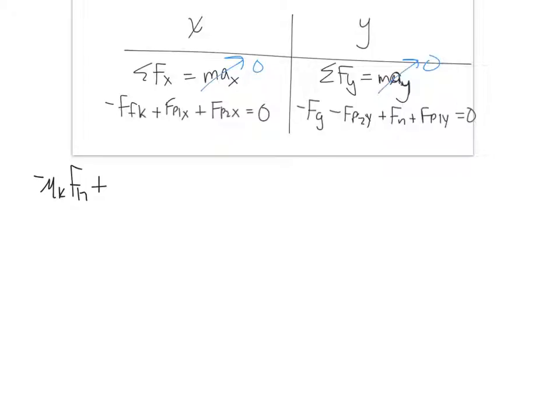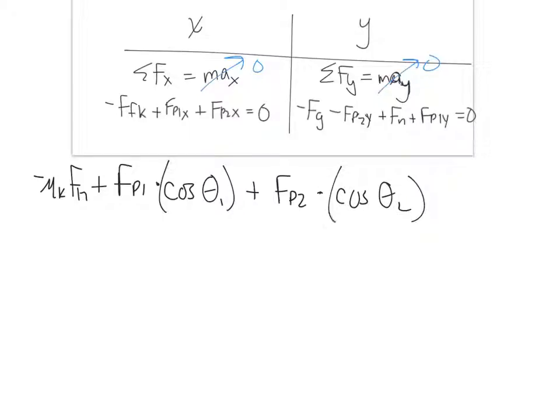Remember, this is always Fp1, and if I want the x component, I multiply by cosine of its angle, and its angle is angle 1. Plus Fp2x. Well, that's Fp2 times the cosine of its angle, theta 2. That's the x direction.